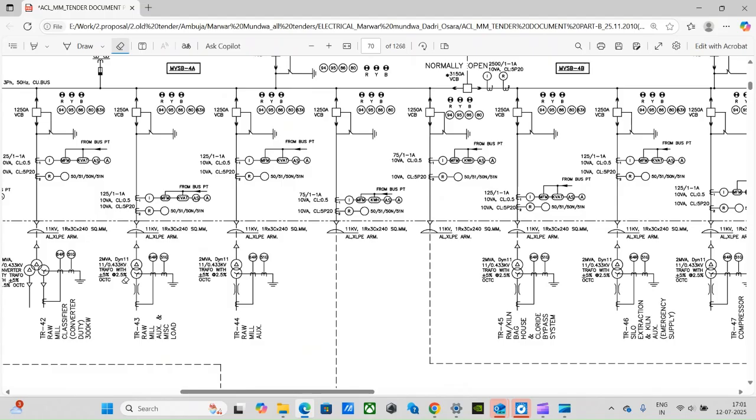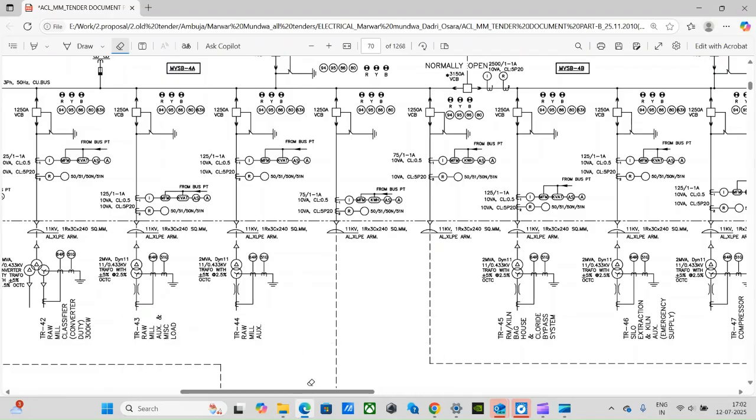For example, this is an 11 kV by 433 V transformer, meaning LT distribution will start from here. After that, there is no further drawing provided by the consultant or the client. It is the list of loads that is supplied to the EPC vendors to do the further design.